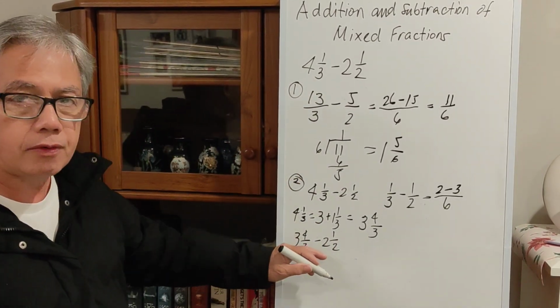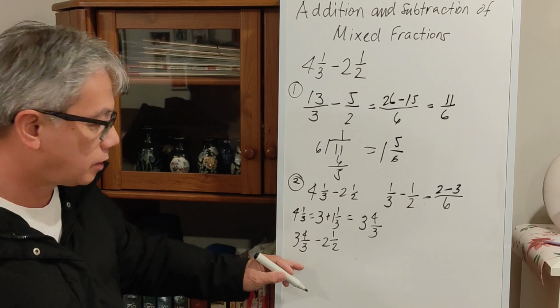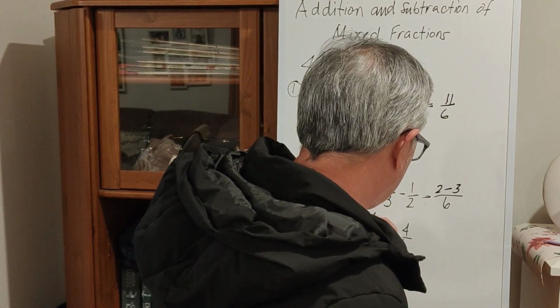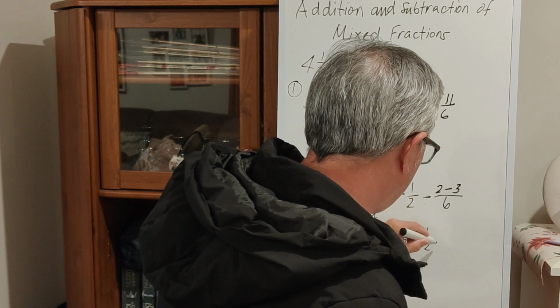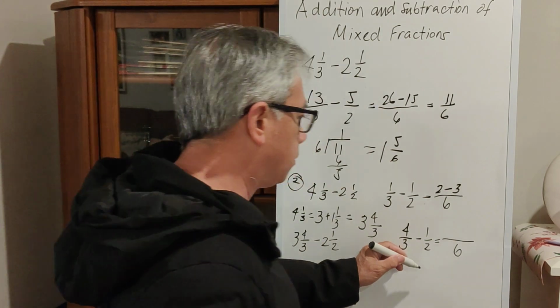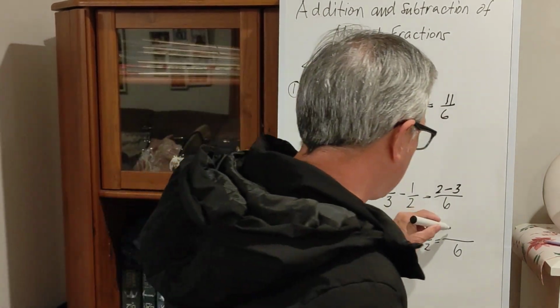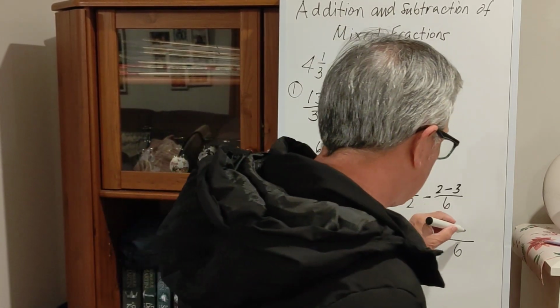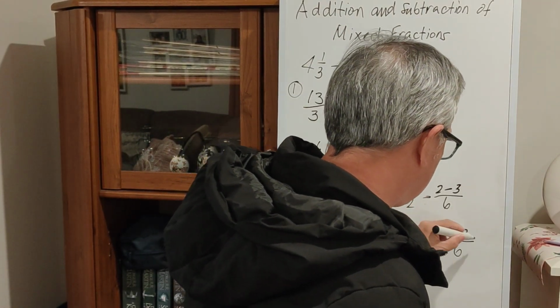So we subtract first the fraction, 4/3 minus 1/2. So LCD again is 6. 6 divided by 3 is 2 times 4 is 8. 6 divided by 2 is 3 times 1 is still 3. This is subtraction.